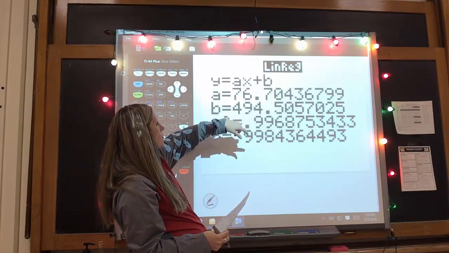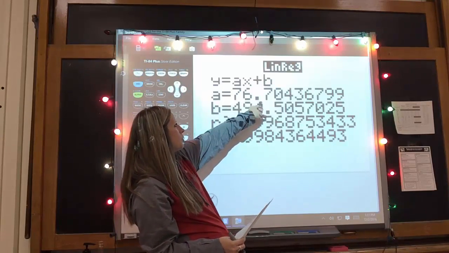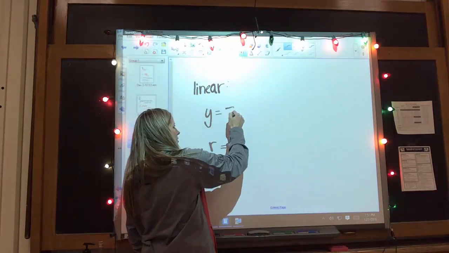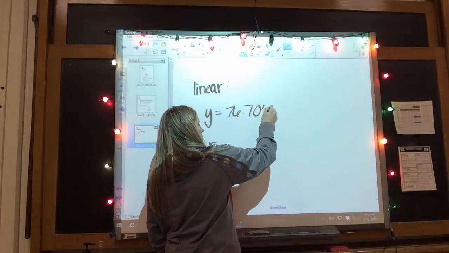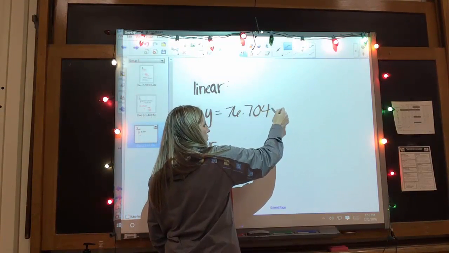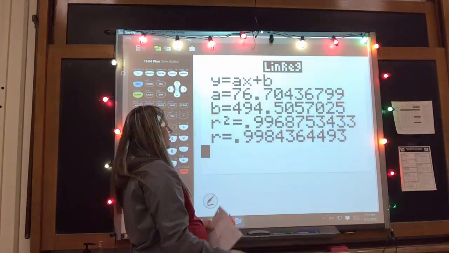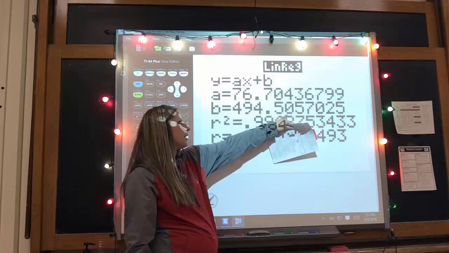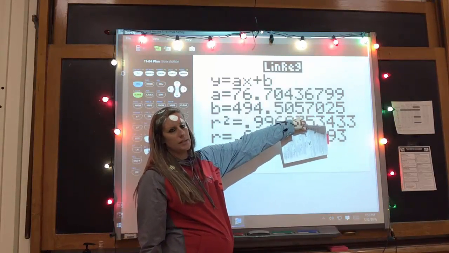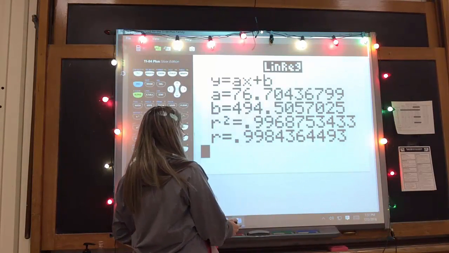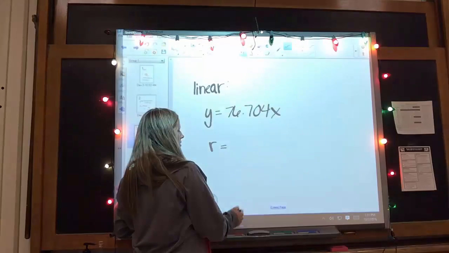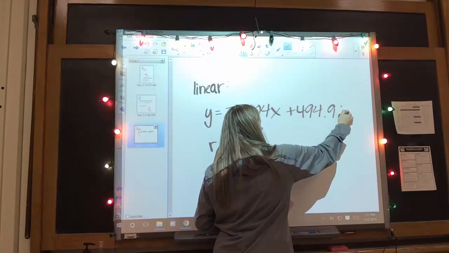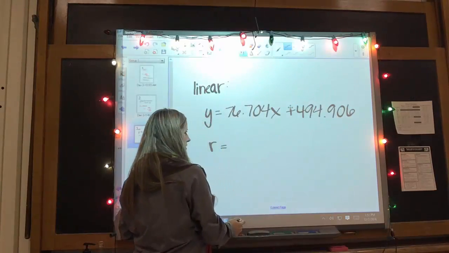Okay, so my equation here would be 76.704 for my A. So 76.704x. And my B is positive 494.506. That's going to round up. So plus 494.506.